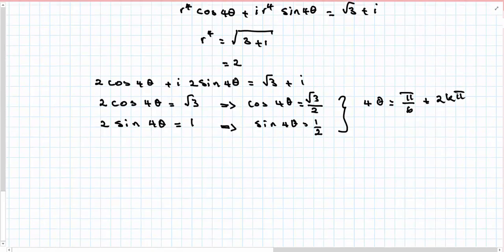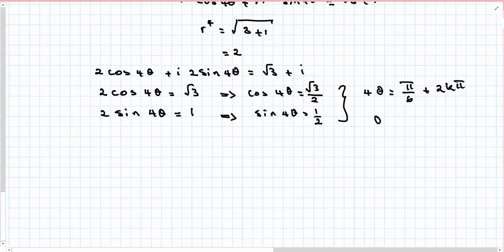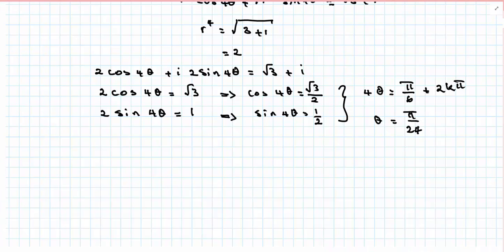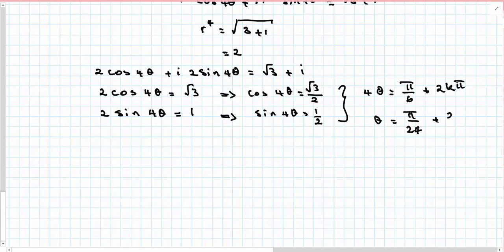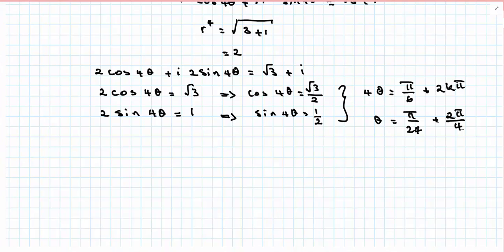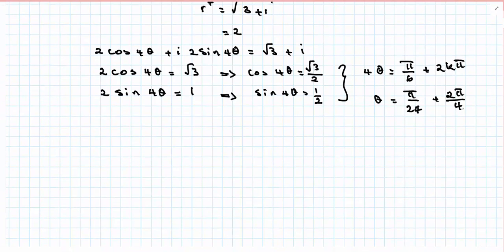So theta equals pi on 24, and I am adding lots of 2 pi on 4s and subtracting until I get my 4 solutions. Either way, we end up with the same result.